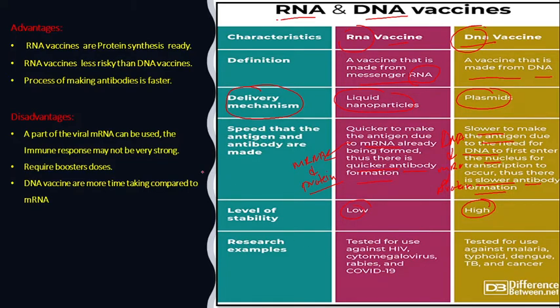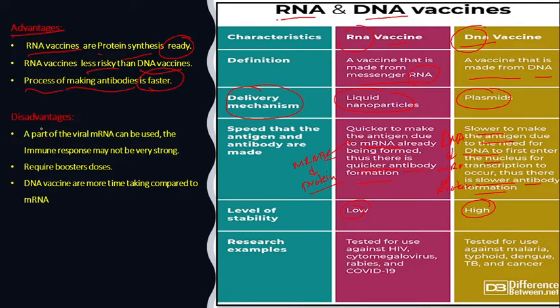Then let us come to the advantages. As we have already seen, RNA based vaccines are protein synthesis ready, and they are less risky than DNA based vaccines for the obvious reasons which we have discussed before. And the overall process of making antibodies is faster, both in the case of mRNA vaccine and DNA vaccine, but faster in the case of mRNA vaccine compared to DNA vaccine.